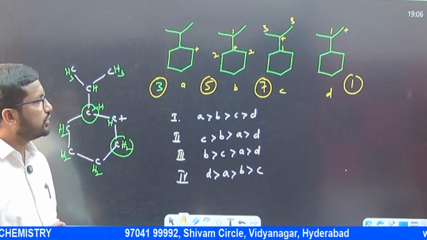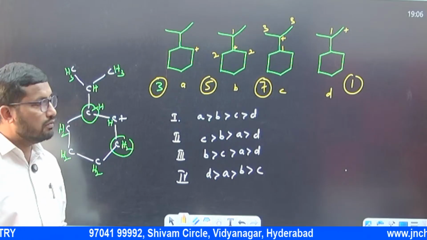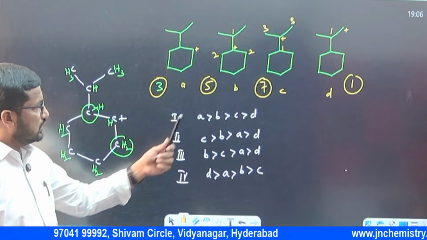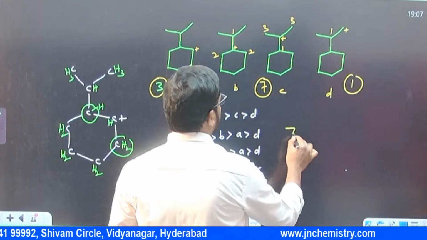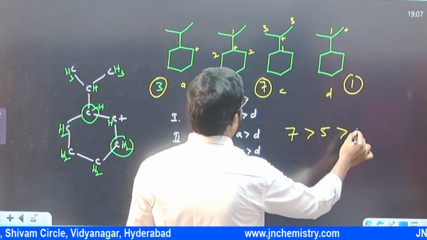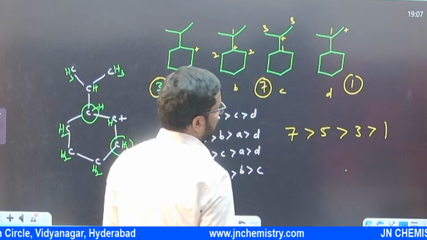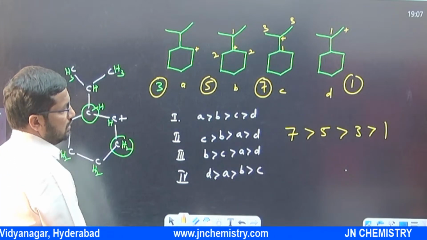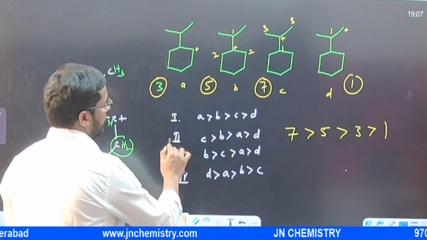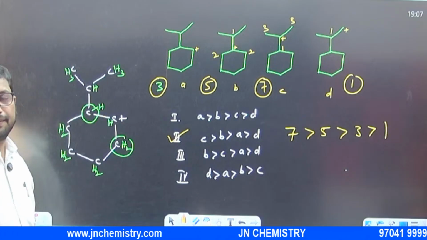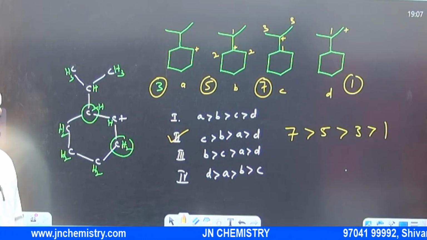Now which is more stable? C, 7. Then 7, 5, 3, 1. So C, B, A, D. CBAD.